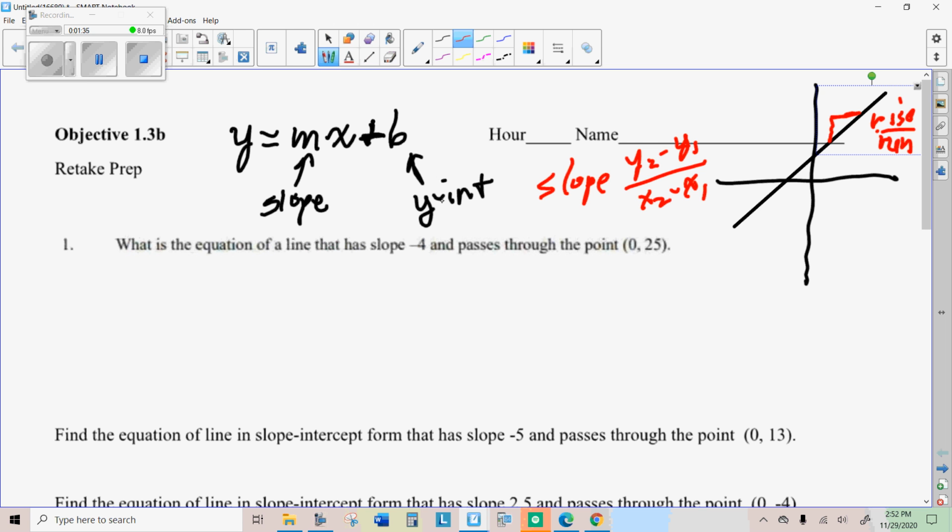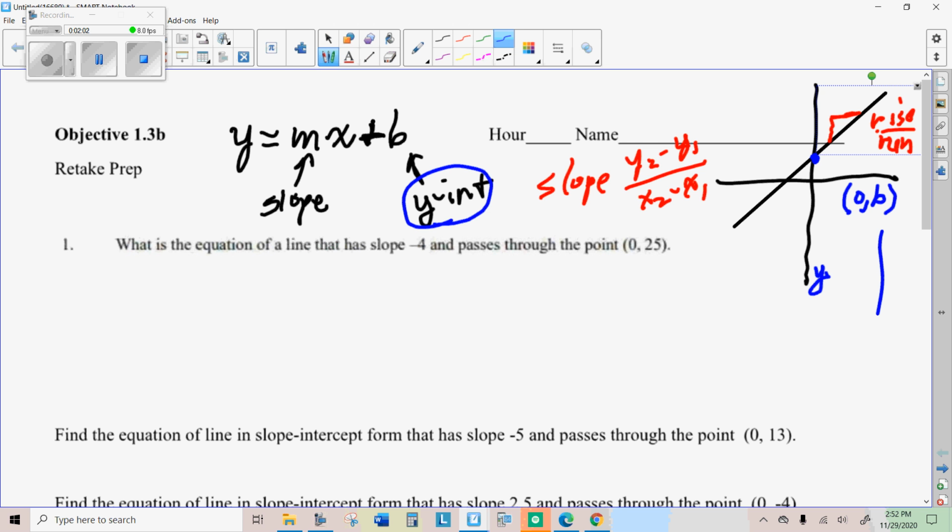And then the other thing we have to do is find the y-intercept. And the y-intercept is where it crosses the y-axis, so where it crosses this line. So that point right there, the y part of that point. And you'll know where it is because it's the point where x is 0. So it'll be 0 and then something, which we call the letter b in the equation.